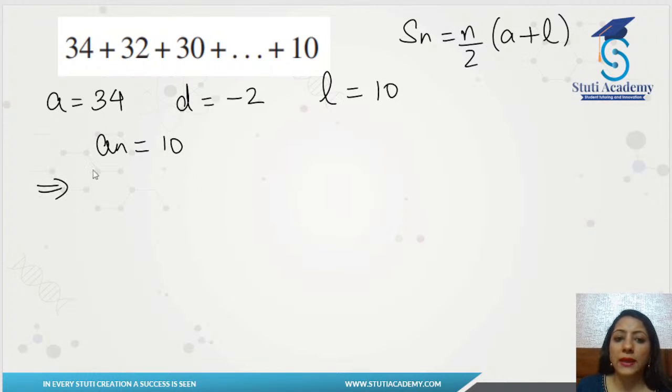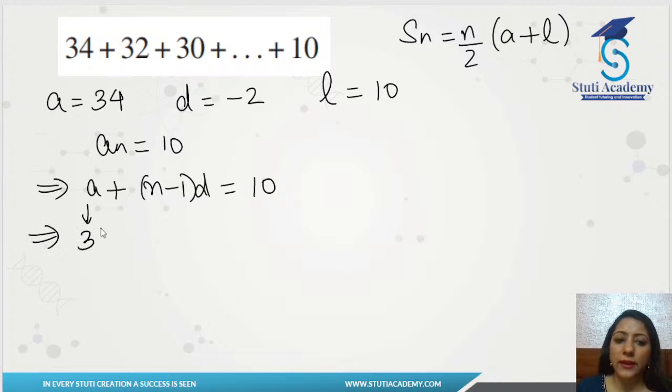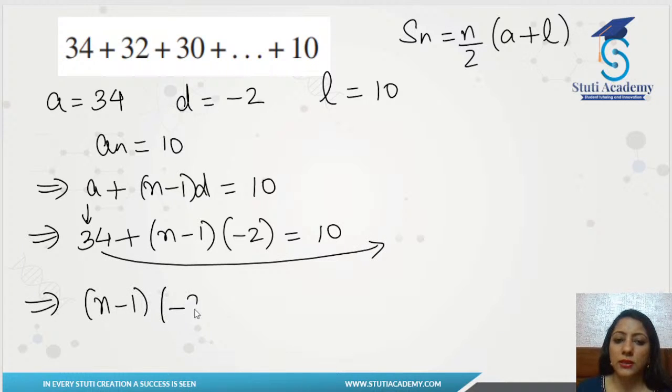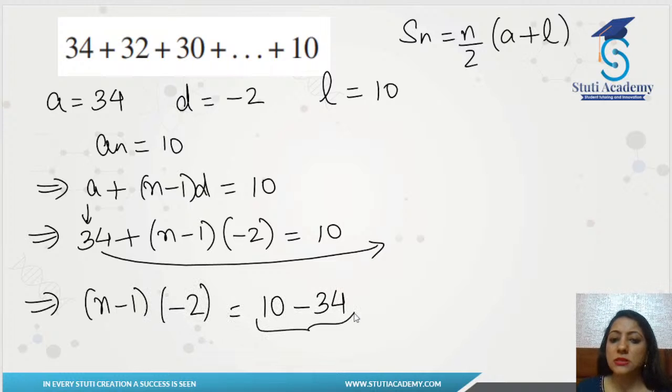Now we can write the nth term as a plus n minus 1 into d is equal to 10. And a, I'm going to write here 34. N I don't know, I need to solve for that. D is minus 2 here. And then we have 10 here. 34 will go on the other side, and it is going to become n minus 1 into minus 2 equal to 10 minus 34. So this 10 minus 34 can be written as minus 24.